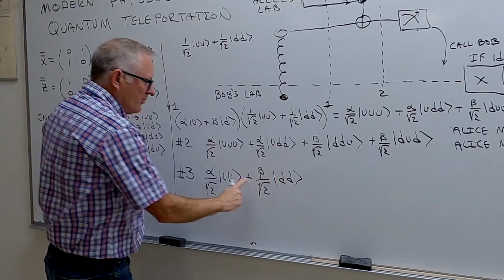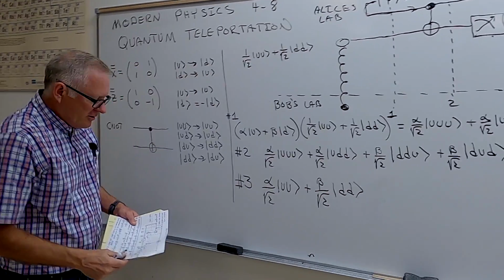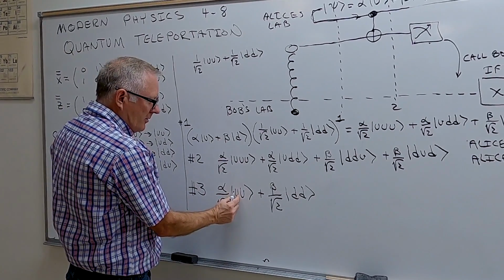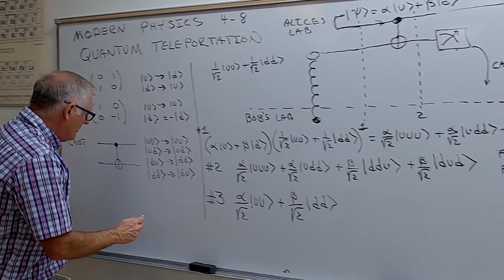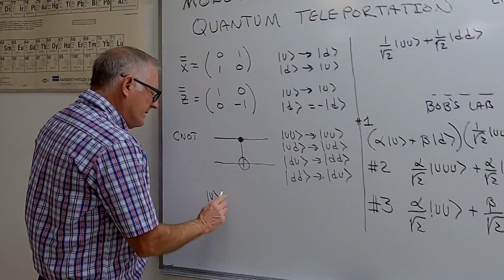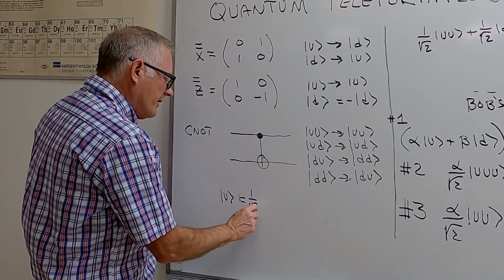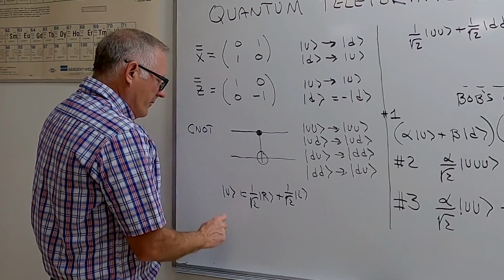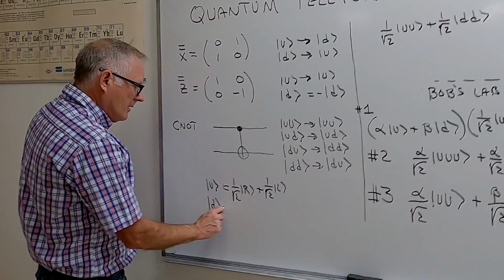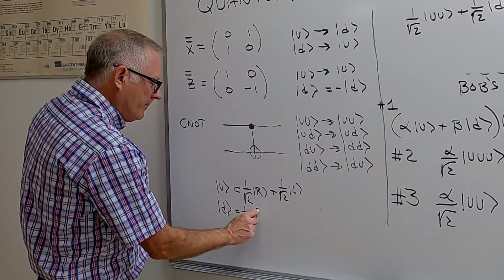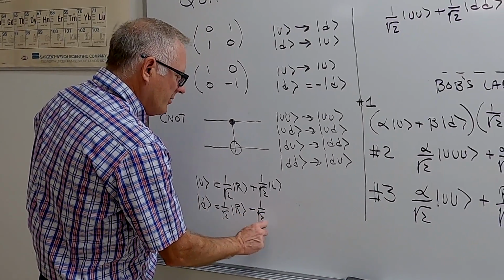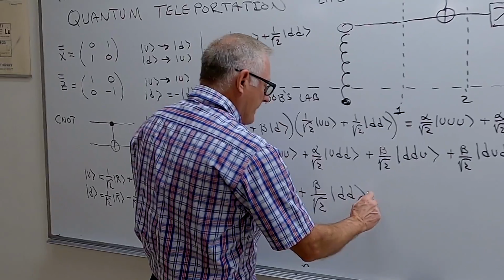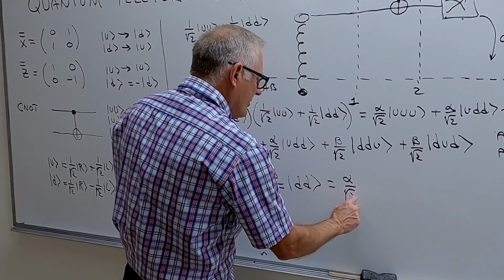Well, what I should do for these two is turn them into rights and lefts, because then I'll know what you get. So I'm going to turn this up into our right and left. We know that up is equal to 1 over the square root of 2 right, plus 1 over the square root of 2 left. And we know down is 1 over the square root of 2 right, minus 1 over the square root of 2 left. So I'm going to replace this one. I'll keep that one as up. So we got alpha over the square root of 2.